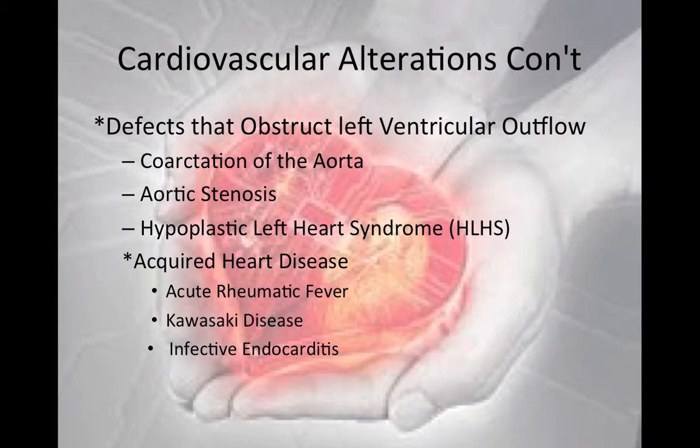Now looking at defects that obstruct left ventricular outflow, we have coarctation of the aorta, aortic stenosis, and hypoplastic left heart syndrome. That too is another condition that is very interesting to see and witness in a newborn or even an older child.